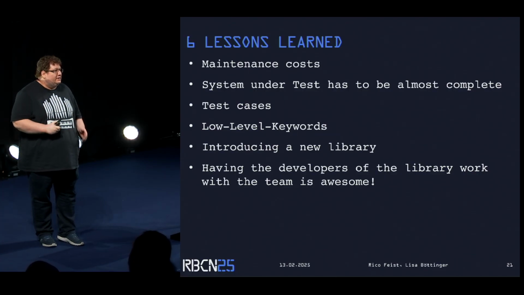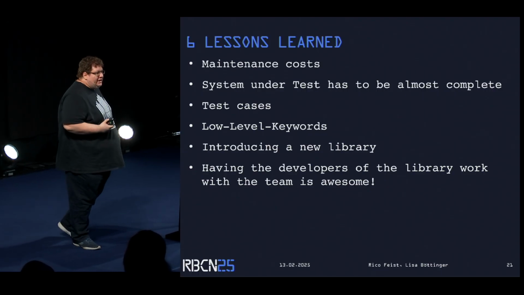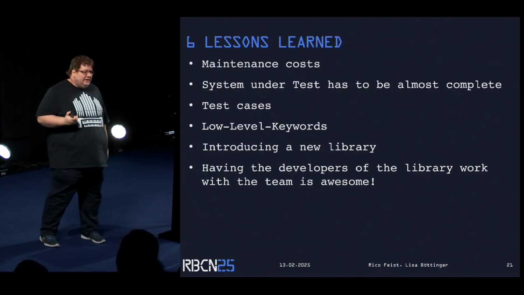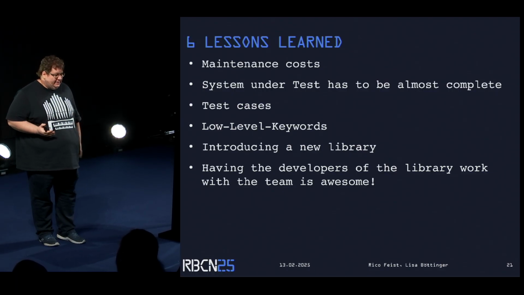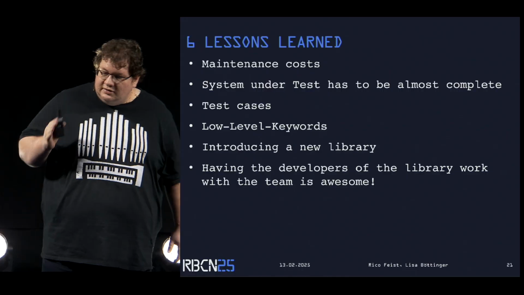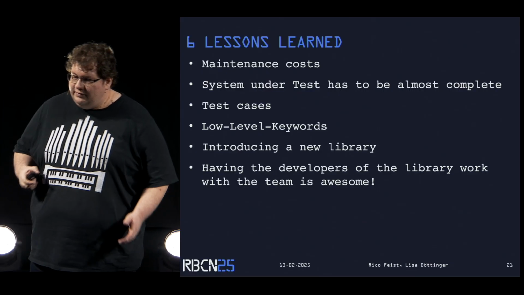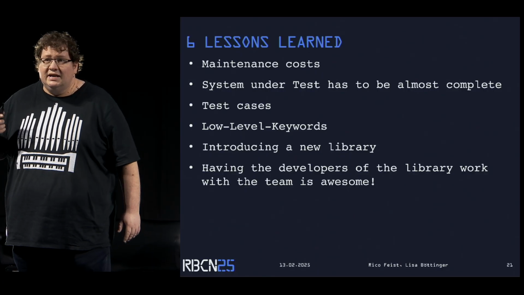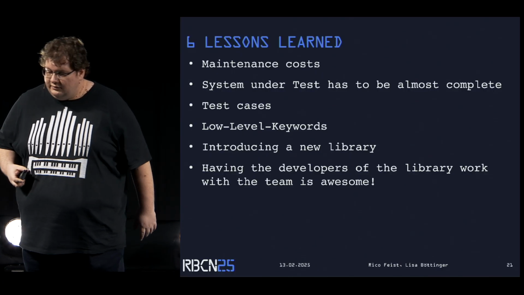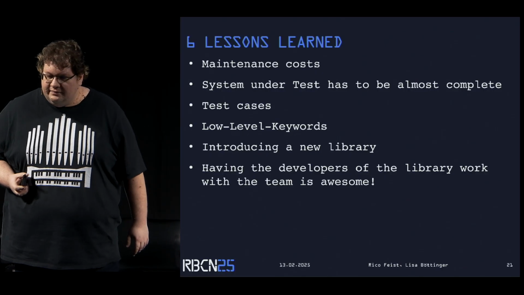So it's not really suitable if you are completely agile and things change constantly, because for every change in your software, you have to adjust a lot of test cases. Also, the test cases themselves have to be very high quality. The test steps need to be very high quality, but that's something that's universal.